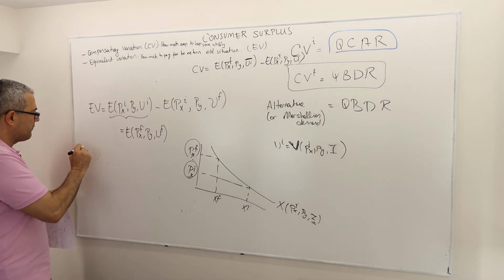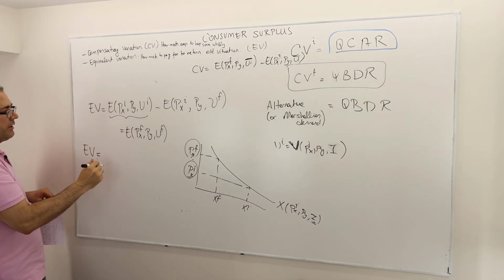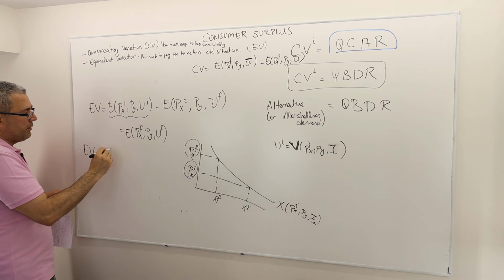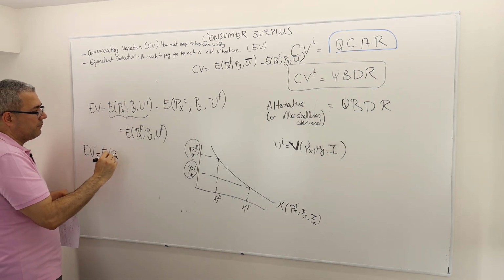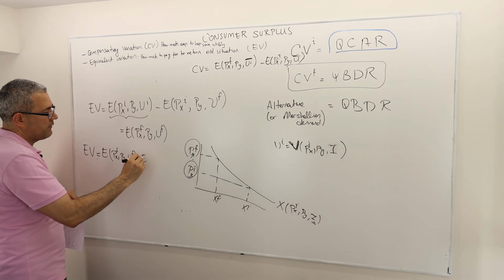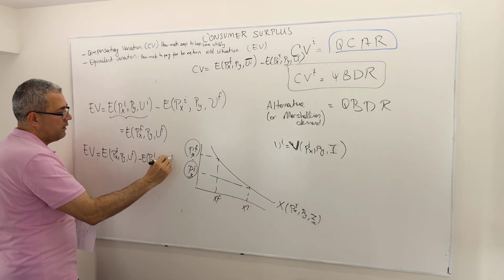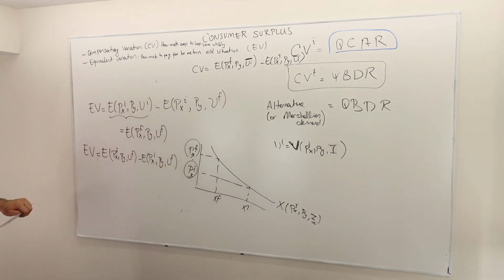So for that reason, we write the equivalent variation as the difference between the expenditure under PX final, PY, U final, minus expenditure PX initial, PY, U final.